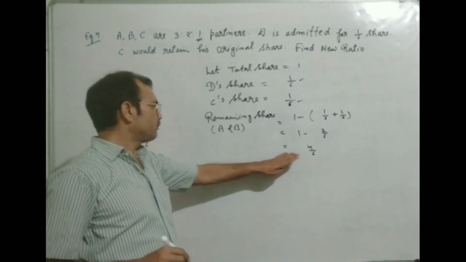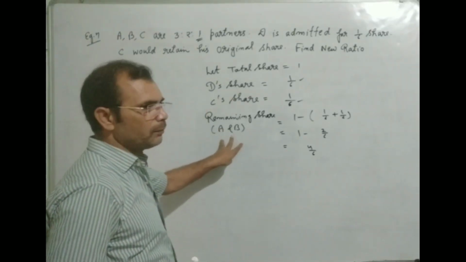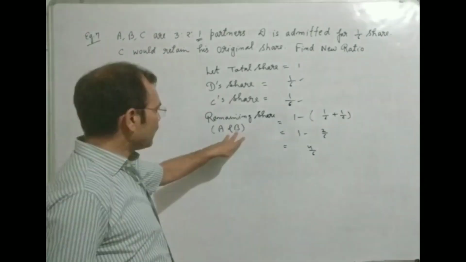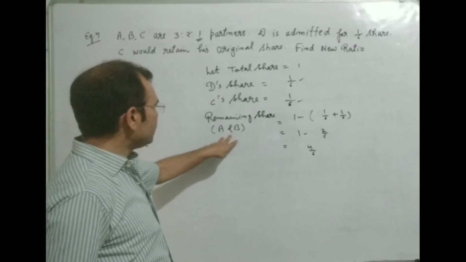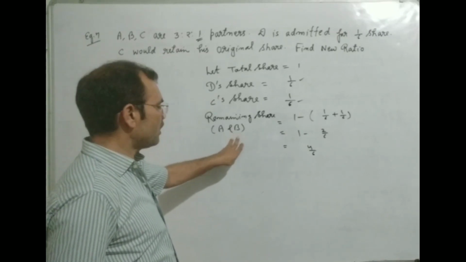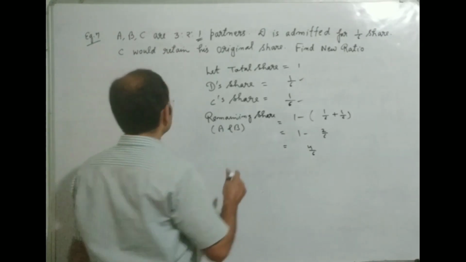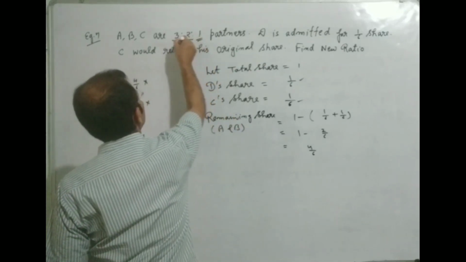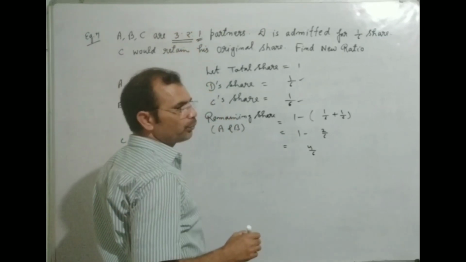This 4/6 will be sacrificed by A and B both, but they are not equal partners, so we will have to find A's part and B's part. A and B's ratio is given in the question as 3:2.